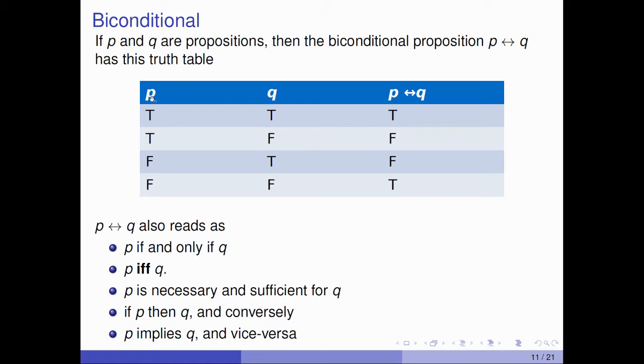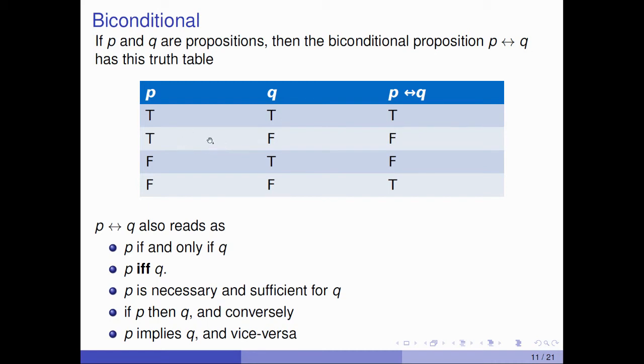In other words, for the first row, this will always be true. For the first implication, P implies Q, T implies T, that's true. Q implies P, that is also true. So true and true is true. For here, you have true implies false is false, and false implies true is true.